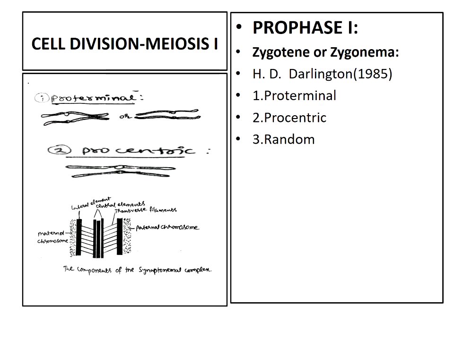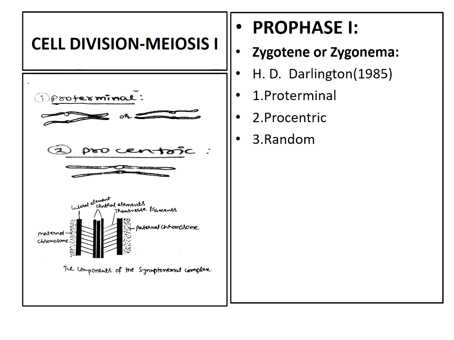And the third one is random type, where synapsis starts at any part of the chromosome other than the centromeric or terminal region, so it is called random synapsis.